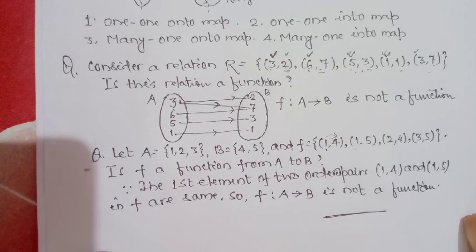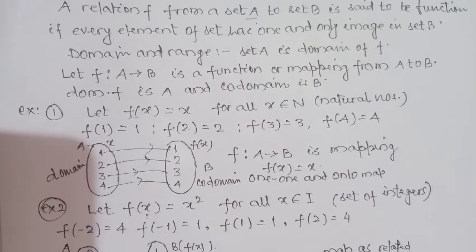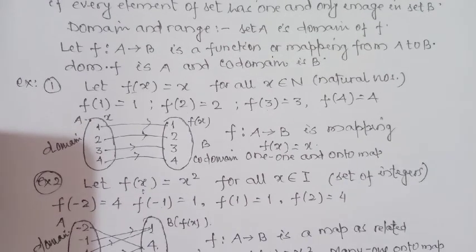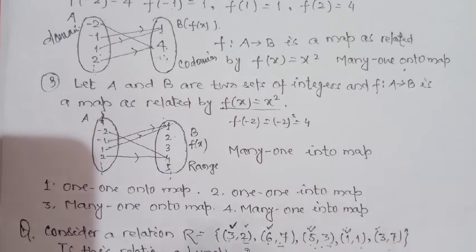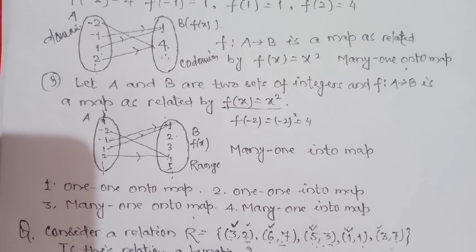So this is an example. So children, today you have seen what is a function and how it is differentiated from relation, and also you have seen different types of function: one-one onto function, one-one into function, many one onto function, many one into function.